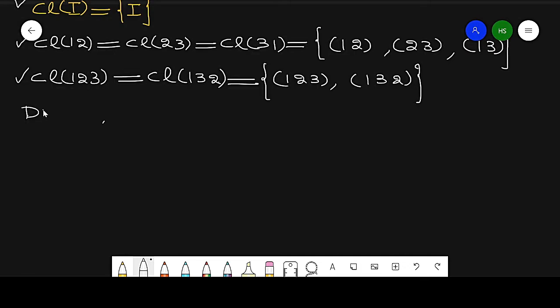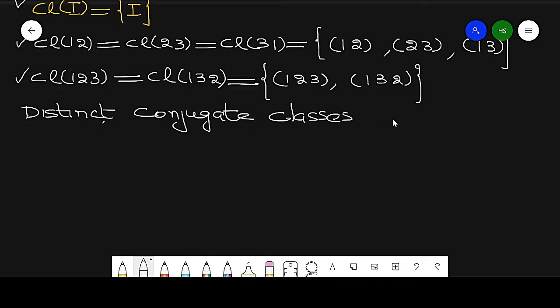So remember, the distinct conjugate classes are these. One is the class of I, consisting only of the identity element.